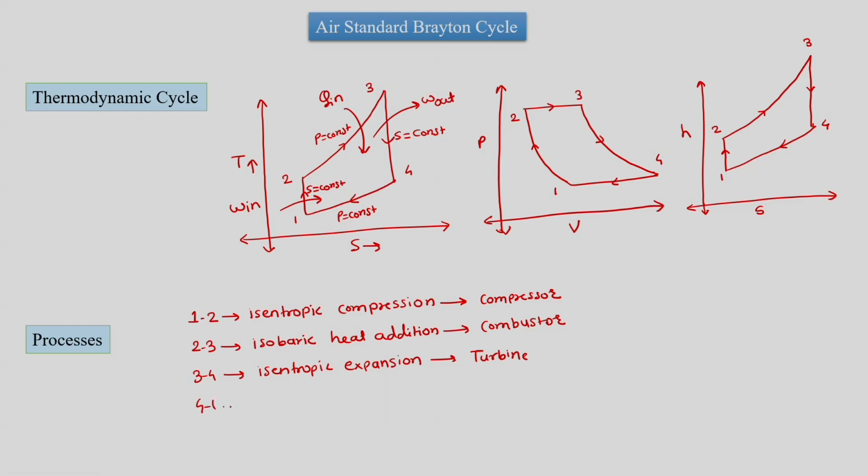Then process 4 to 1 is isobaric heat rejection, and this process is conducted either in atmospheric condition, in case of an open cycle, or in a pre-cooler. We will see this in detail. So this is the air standard cycle, which is the Brayton cycle.